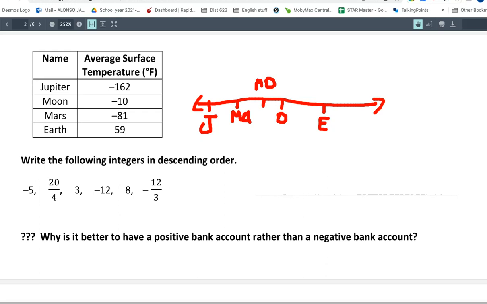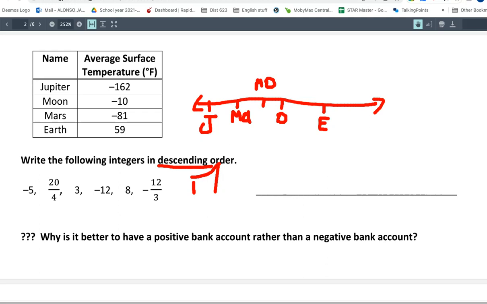So now, here, again, write the following integers in descending order. What does that mean, descending? It means from big going to small.